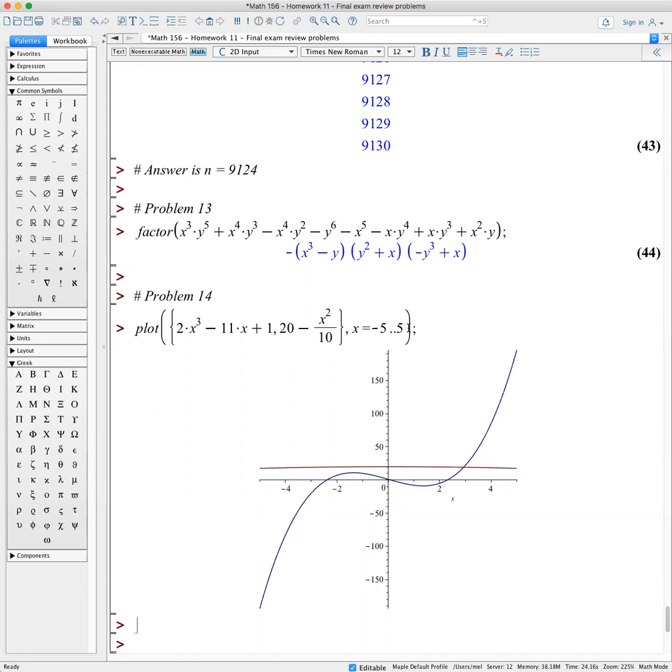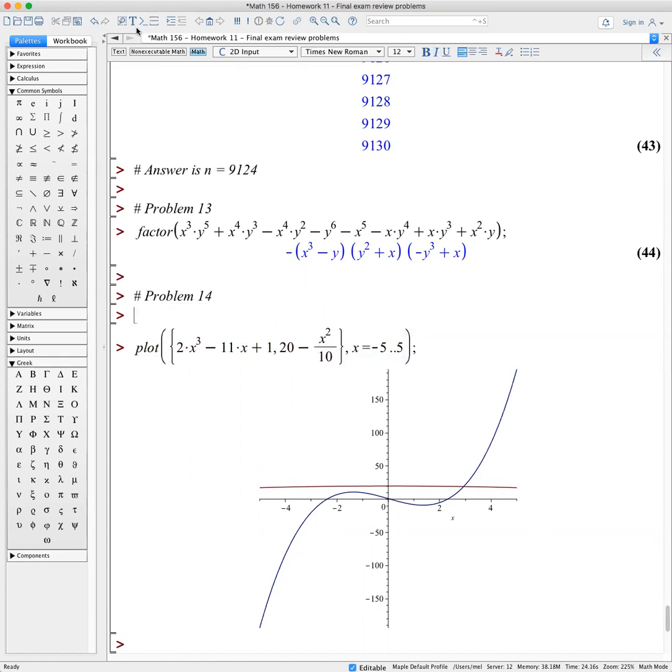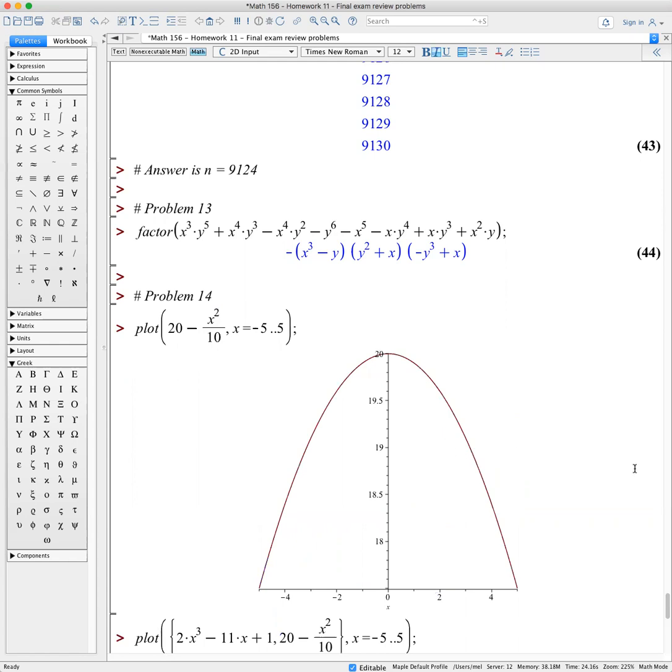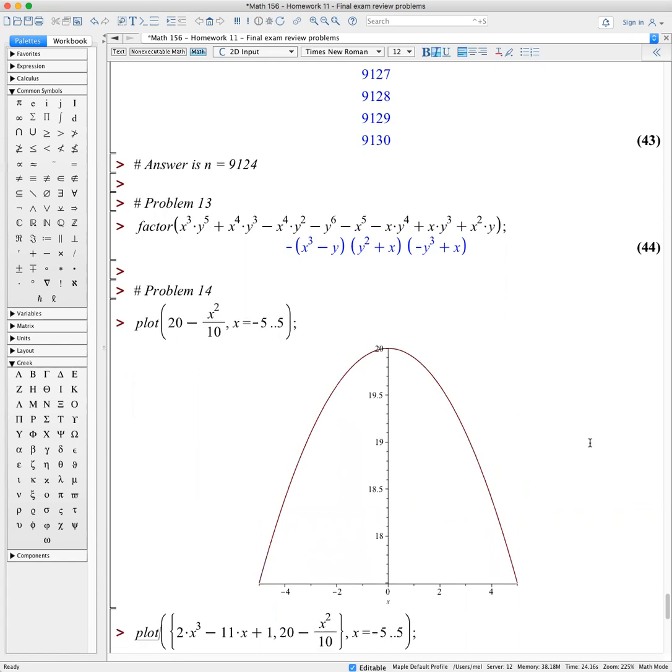So this red, let's just emphasize something. If I were just to plot the parabola, it looks like that. It's only got 20 and then going down.